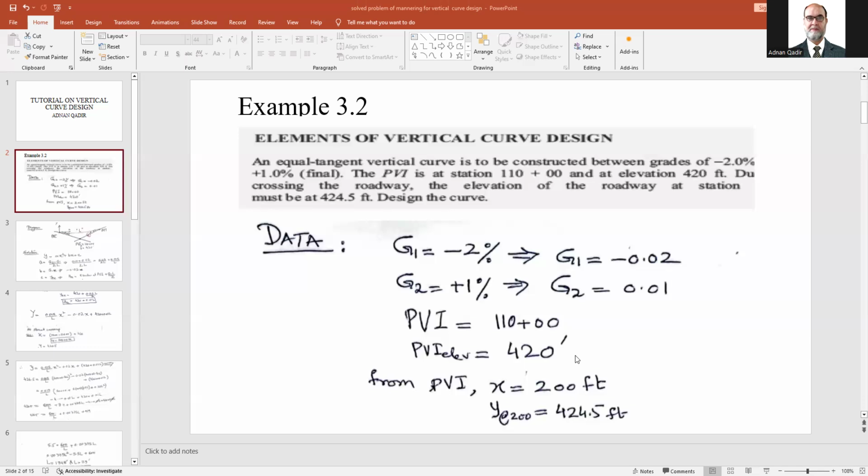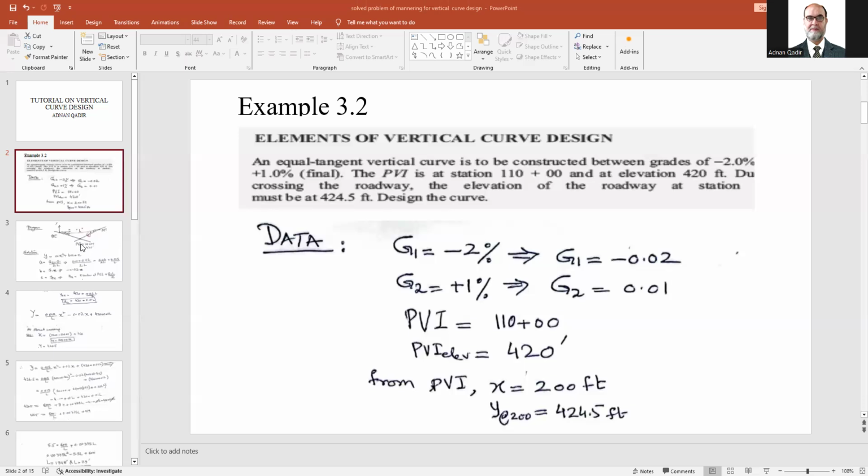The crossing is at a station 200 feet away and has elevation 424.5 feet. Being asked to design the curve means to find the length of the curve. That is what is required in this question.